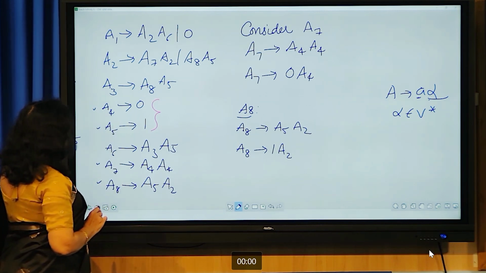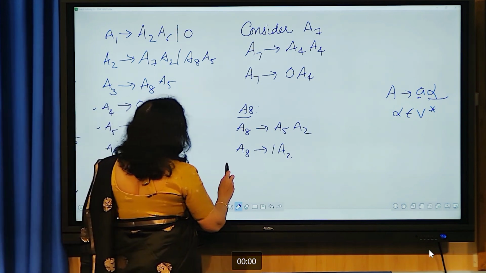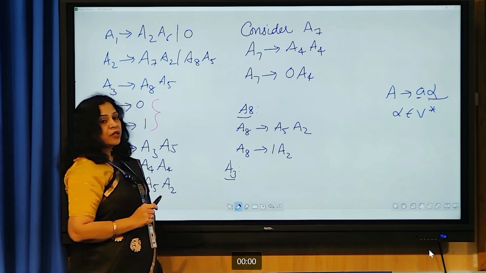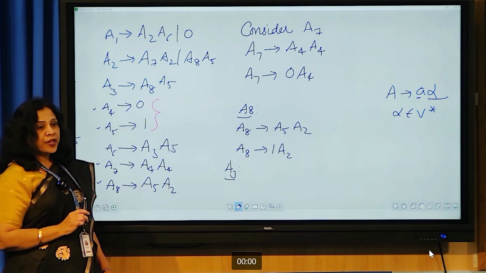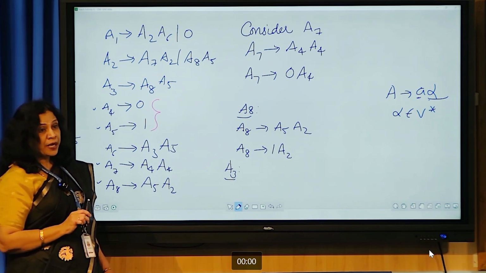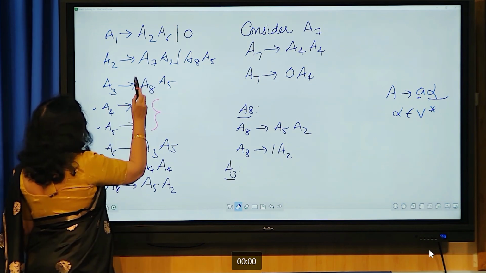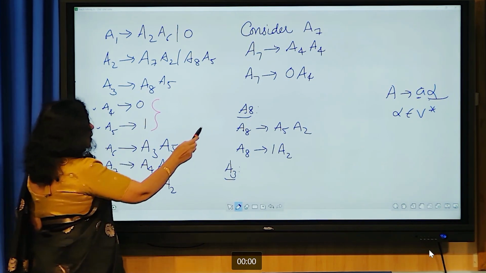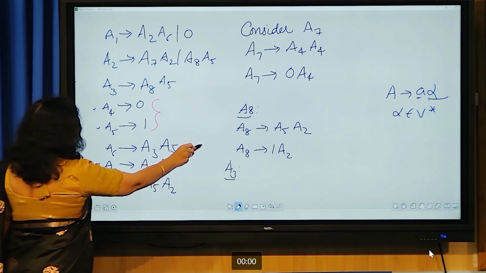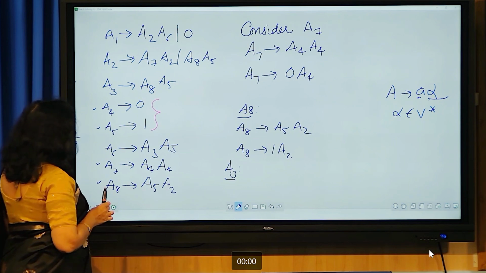Now, do we have A8 anywhere? Yes, we have it in A3. So, consider A3. We will just do substitution and see whether we can bring the productions to GNF. We will use this method repeatedly as the procedure says. I could have brought this also because A7 and A8 are already in GNF. I will substitute these in the other productions and bring them to GNF form.